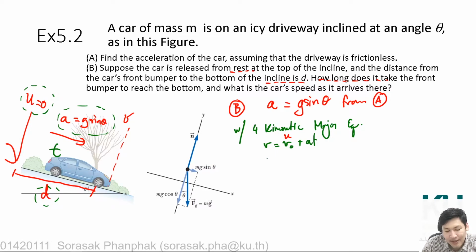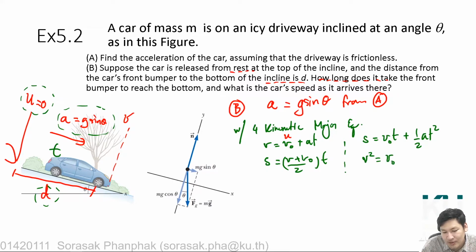You have s equal to v plus v0 over 2 multiplied by t, or s equal to v0 t plus 1 over 2 at square, or v square equal to v0 square plus 2as. These are your 4 kinematics equations, right?